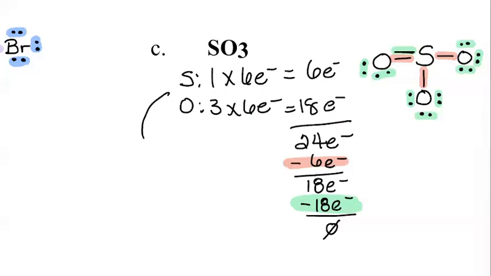Some students learn that what you need to do is say sulfur has 6 valence electrons, oxygen has 6 valence electrons, and we have 3 of them. Again, this is not my favorite way to explain this. I'm just doing it because it may help somebody. So this is at the individual level.